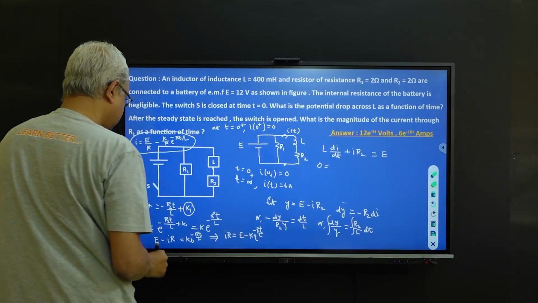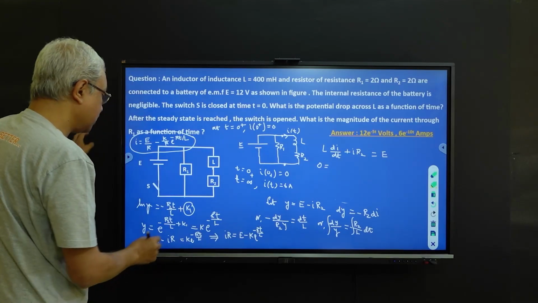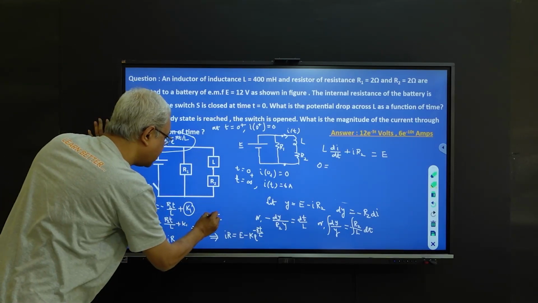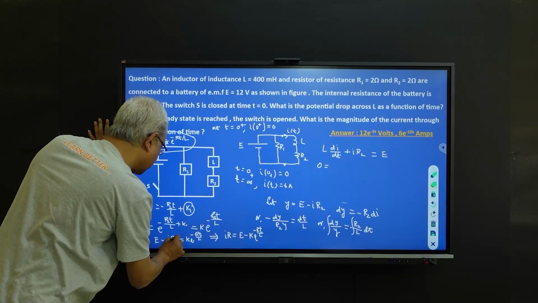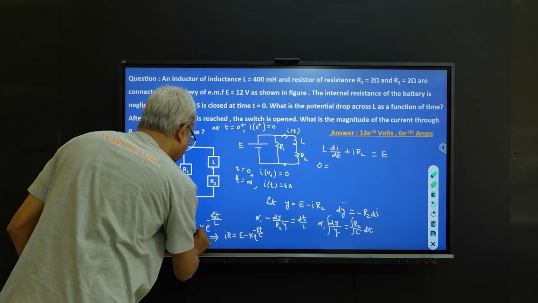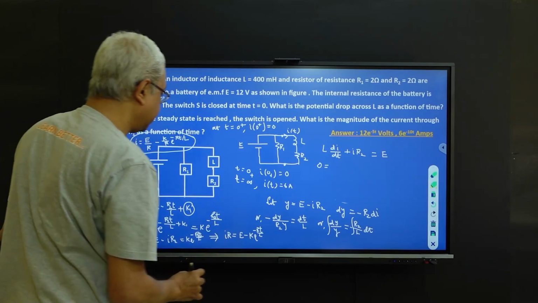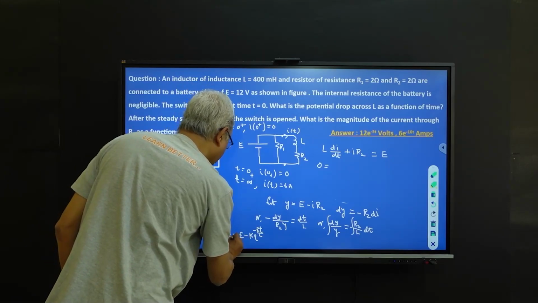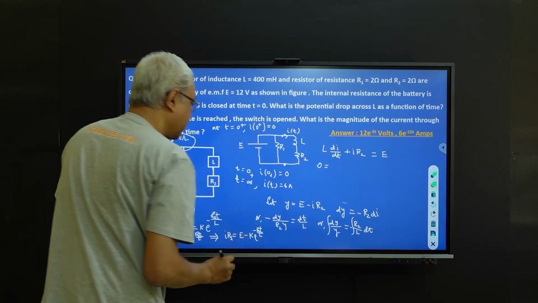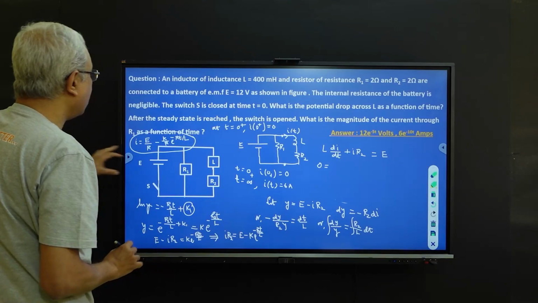That means 0 equal to E by R2. Remember, these are all R2 here.